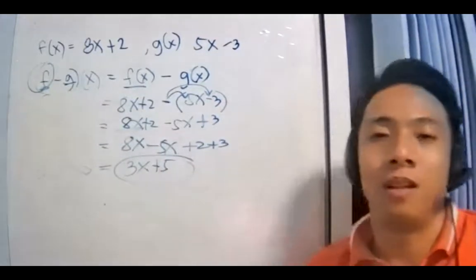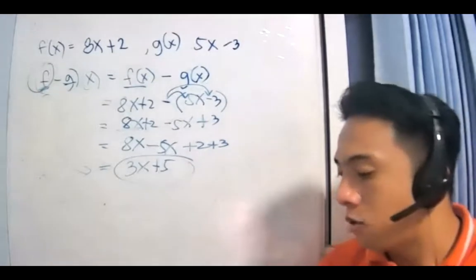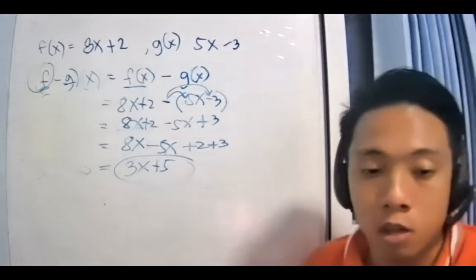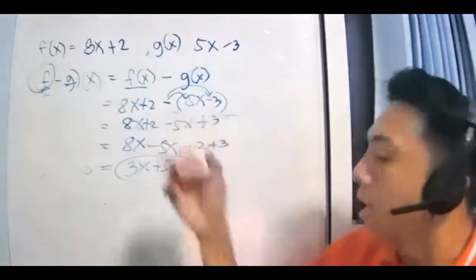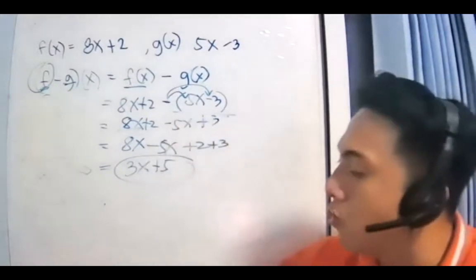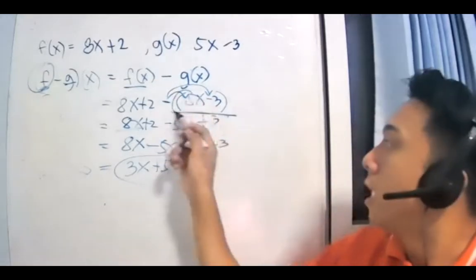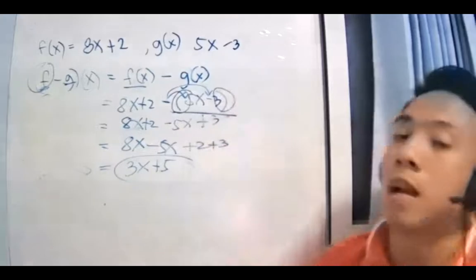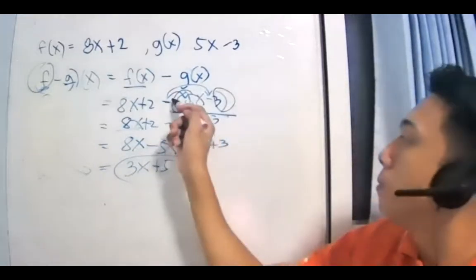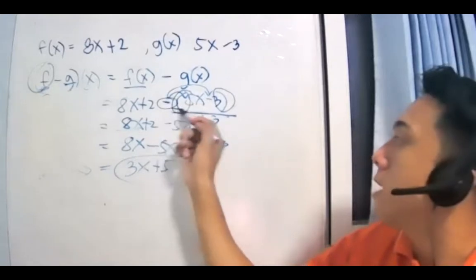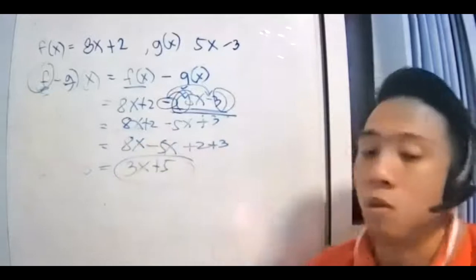As simple as that. The only thing na medyo magkakaroon ng kalituhan is on this part. Do not forget to write the open and close parentheses para hindi kayo malito. Kasi kailangan nyo munang i-distribute yung sign na to sa nasa loob dyan bago nyo siya ma-solve.